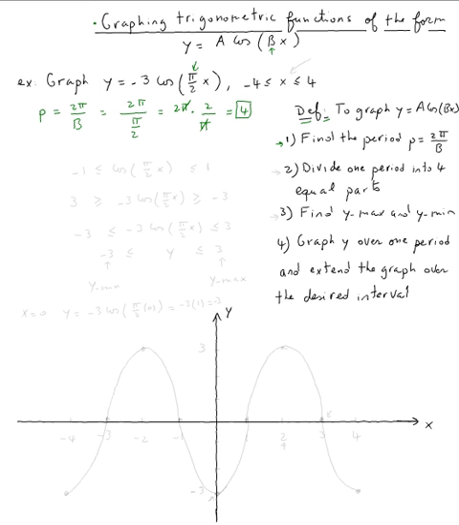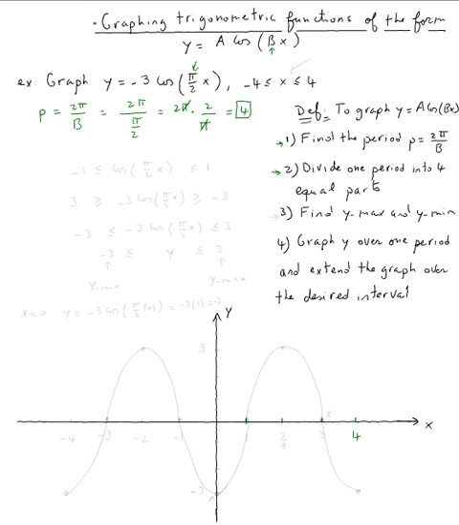Now, number 2 says once you find the period, divide one period into 4 equal parts. So we start from 0, it's easy. 0 to 4 is one period. Now it says divide it into 4 equal parts. Halfway will be here, and then each one we divide in half.